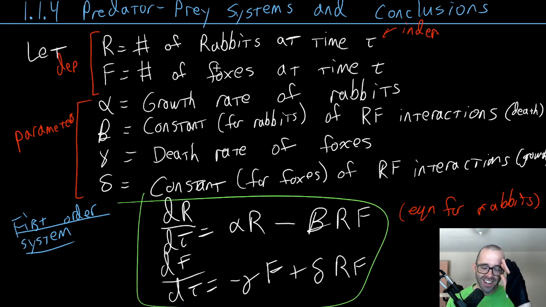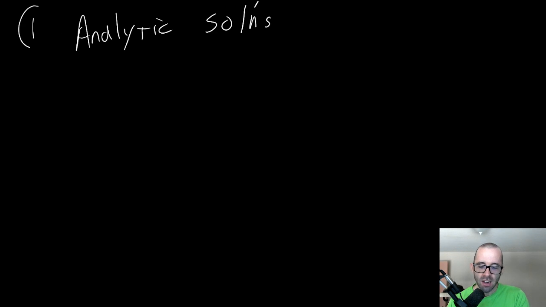But I'll stop myself there. We're going to end with one final conclusion to the section: we have these models. And once we get to the differential equation or system of differential equations, there's kind of three main ways that we can deal with that, right? We can look at analytic solutions, and we did that.